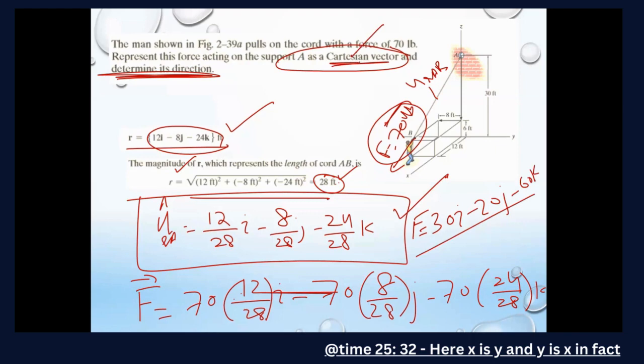Now I need to know the direction, which means I need to calculate alpha, beta, and gamma. How do we calculate alpha, beta, and gamma? Do you remember? We already know the unit vector.